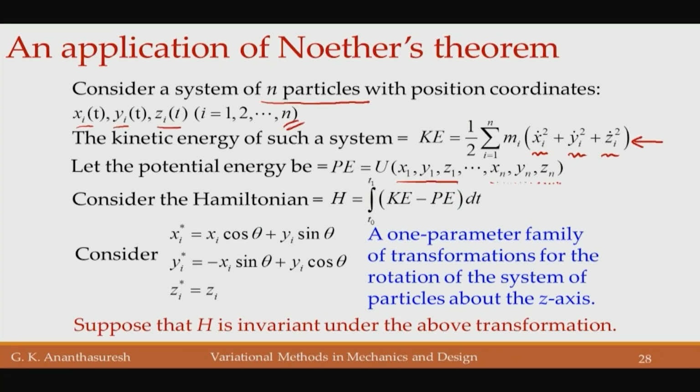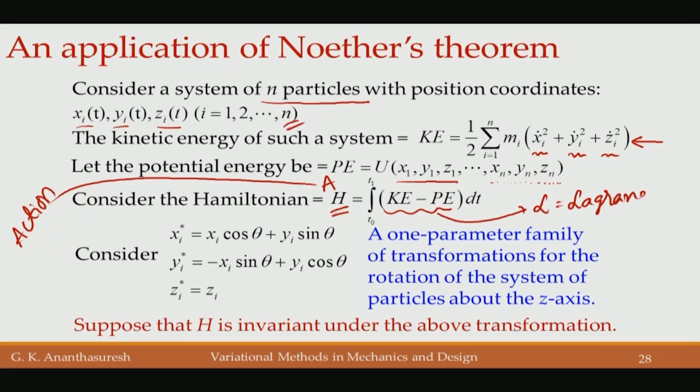Now, this is what we call action or Hamiltonian. Sometimes it is called action integral or Hamiltonian, people use both of them. This part is what we call the Lagrangian, that we use in Lagrangian dynamics, kinetic energy minus potential energy. We have kinetic energy and potential energy already written, so we can write this action or Hamiltonian.